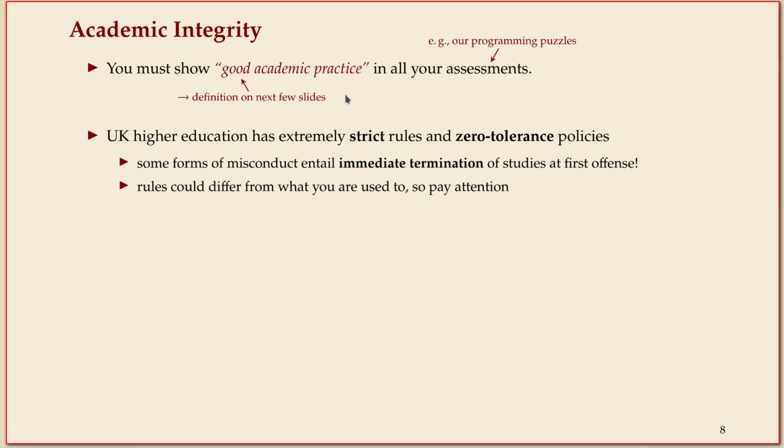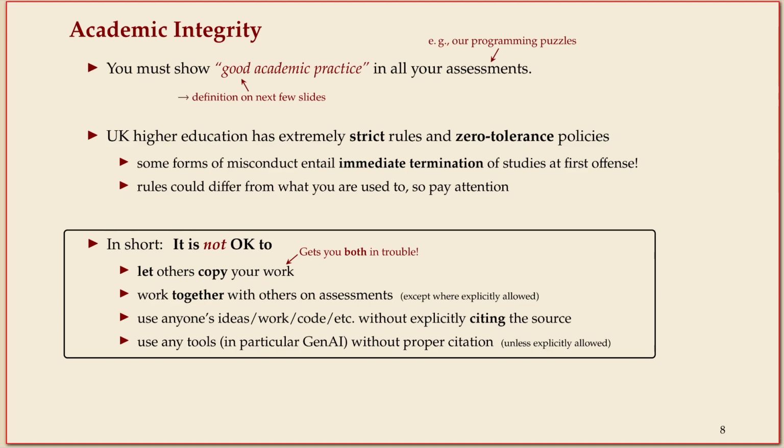Now, that term is not exactly self-explanatory. The rules in the UK are about the strictest I've seen. And there's a really strong notion of no tolerance for violations. So pay close attention. There's nothing to be scared of, but people are strict about it. So try not to let that work against you.